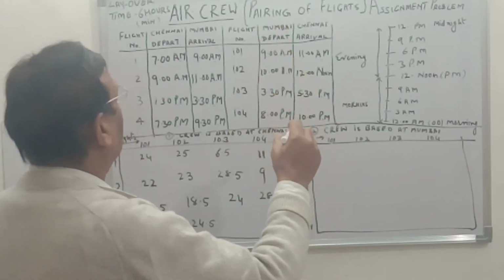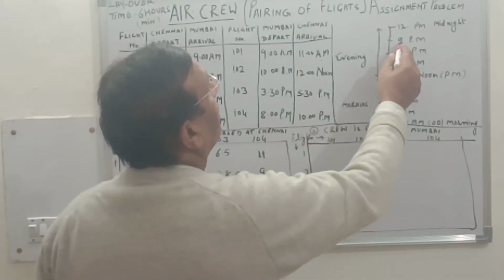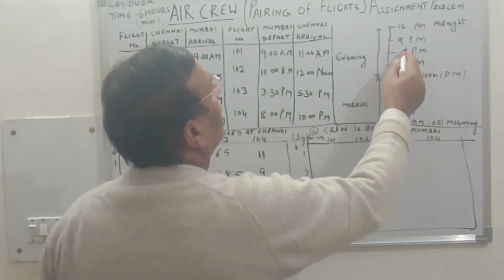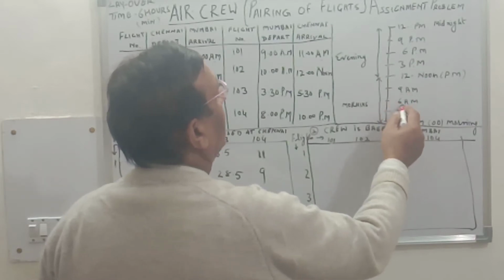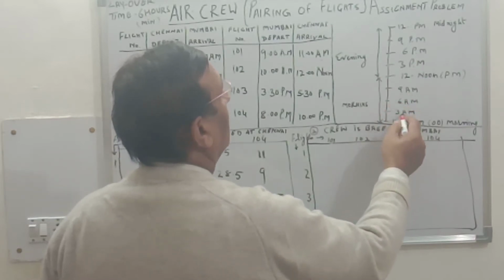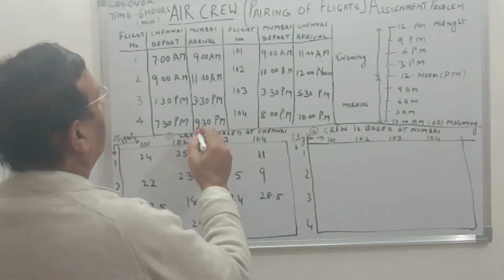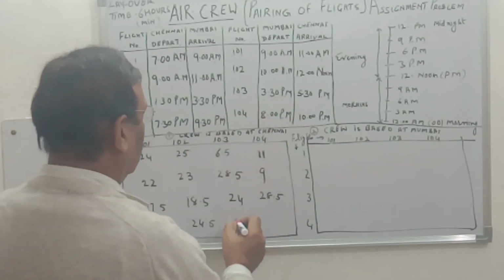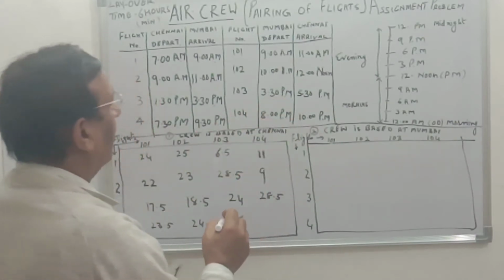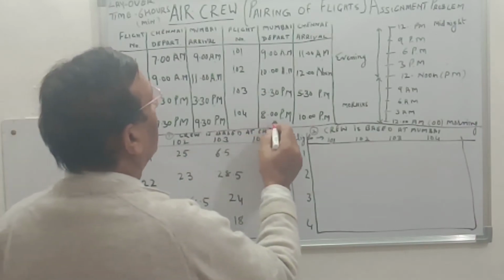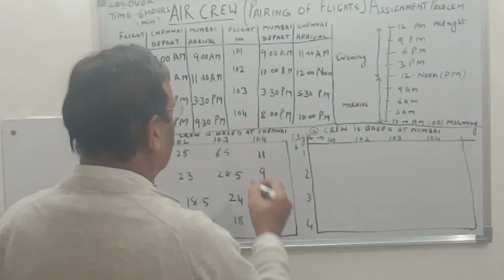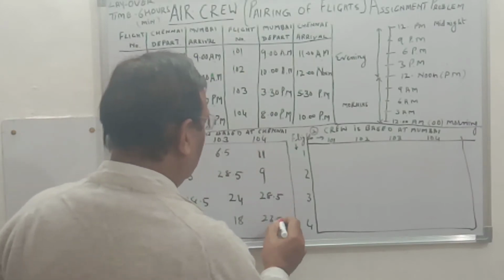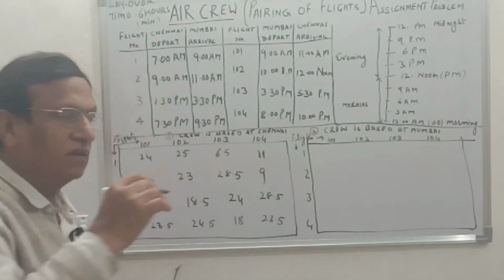From here, 9 to 9 is 12 hours, then 15 hours, 18 hours. And 9:30 to 3:30 is 18 hours. Then 9:30 to 8 p.m., 1 hour less than 24 hours, 23.5 hours.